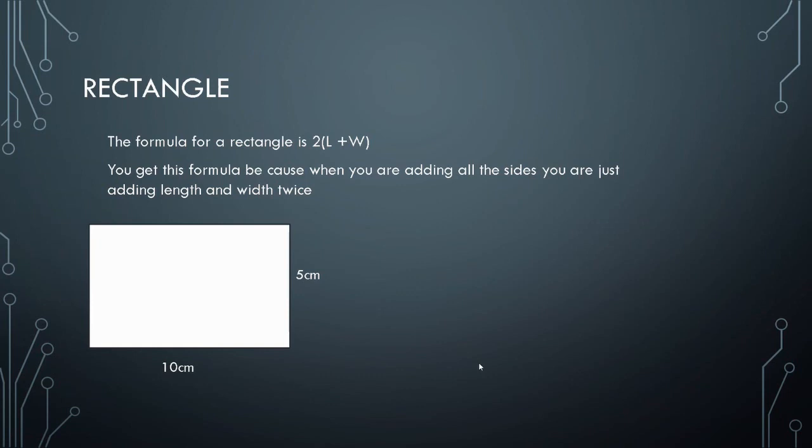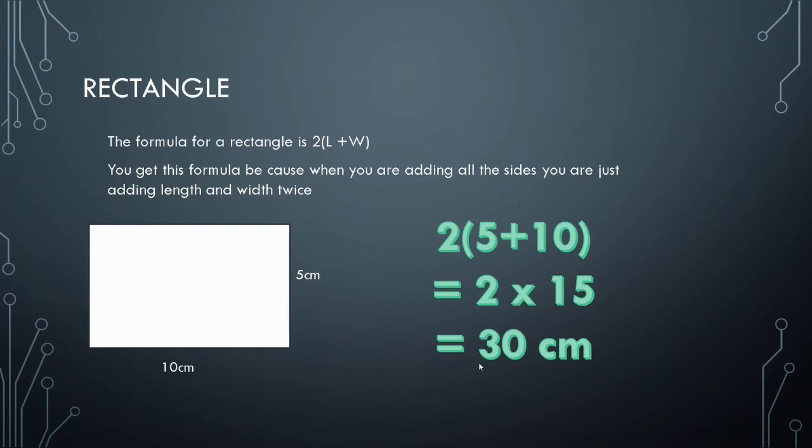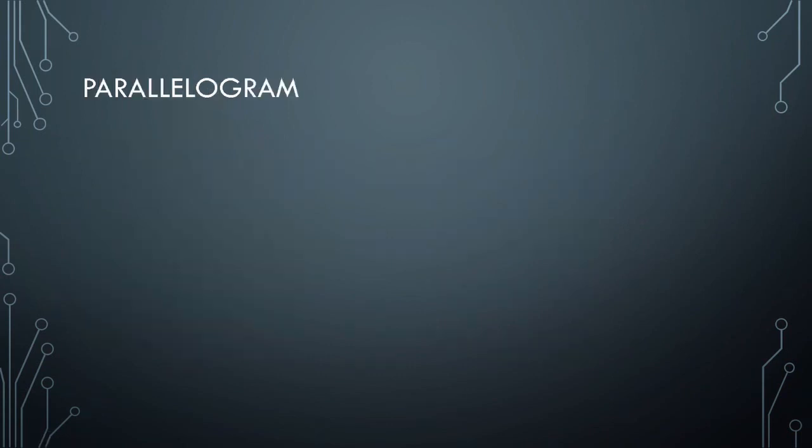So for this rectangle, the perimeter would be 2 times (5 plus 10), which is 2 times 15, which is 30 centimeters.